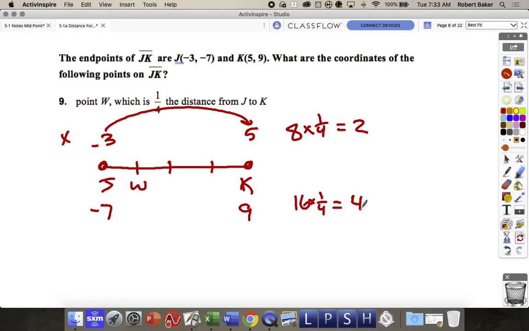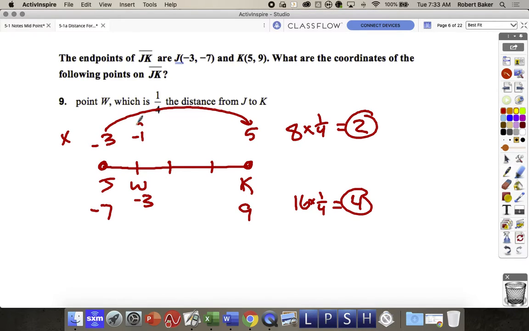So on the top, if I go 2 units from J, negative 3 plus 2 is negative 1. And on the bottom, if I go 4 units from J, negative 7 plus 4 is negative 3.